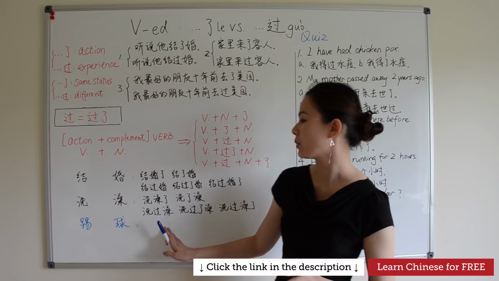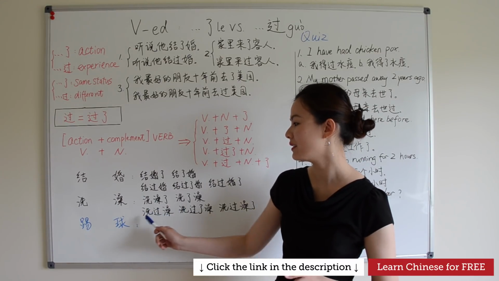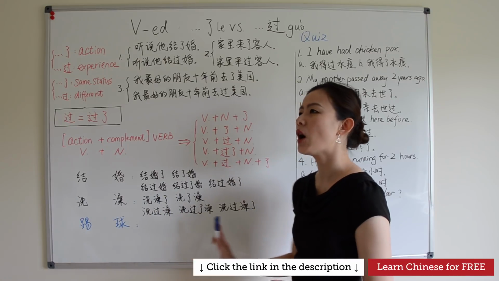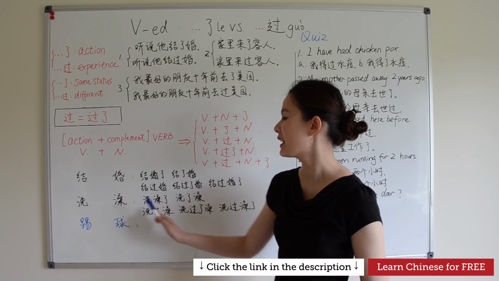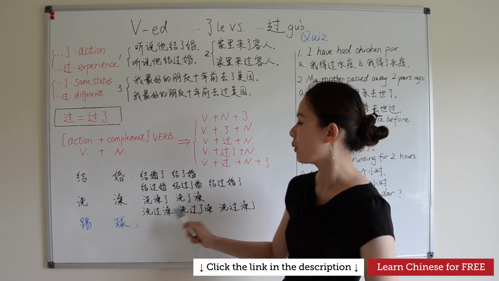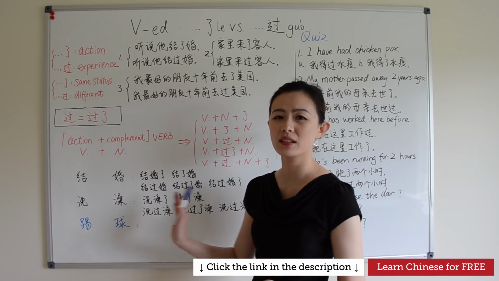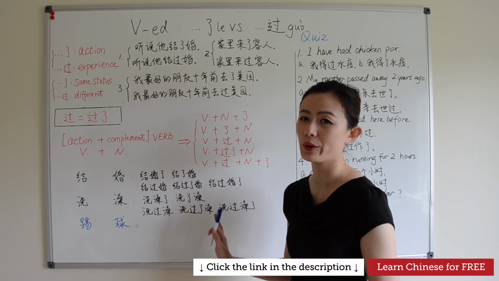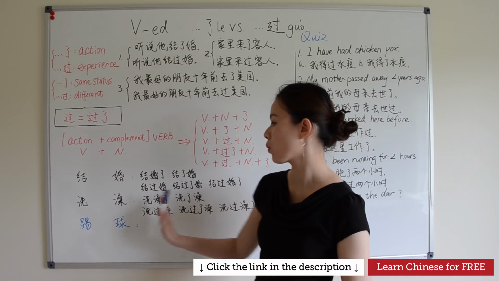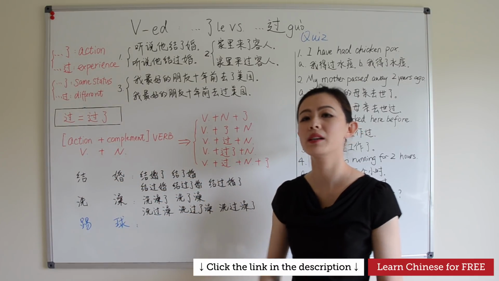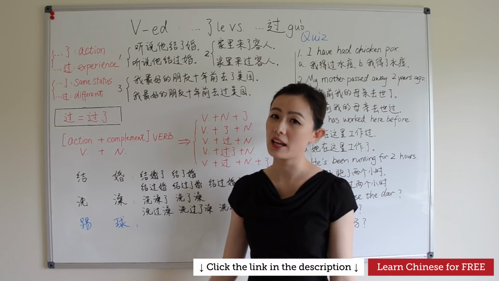Okay, but here when you say 洗澡了 and 洗过澡, they both mean he took a shower. So in this case, 洗了澡 or 洗过澡 doesn't have many differences. They basically mean the same thing. He took a shower. So there are verbs or words like this. They don't really differentiate from each other. They have basically the same meaning.